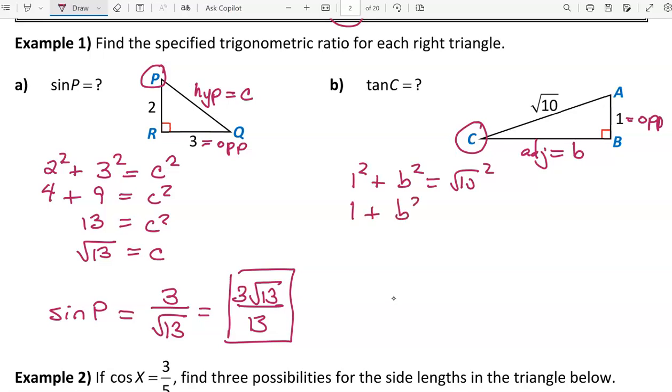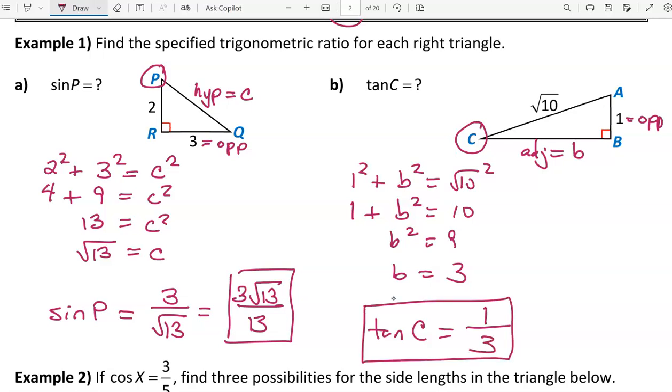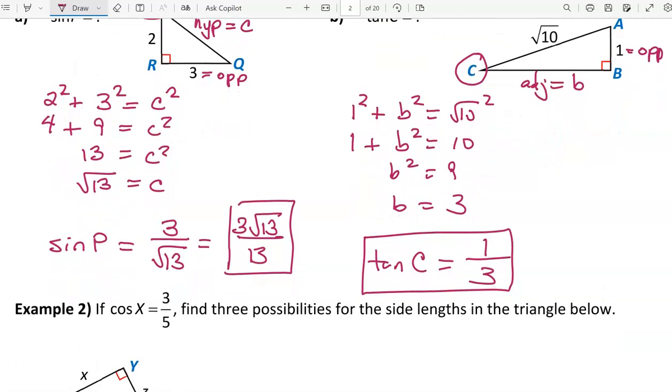So 1 plus b squared is equal to 10. That means that b squared is equal to 9, and b must be 3. So the tangent of angle C is equal to the opposite side over the adjacent side, which is 3. Whoops, let me fix that. No rationalizing to do on that one since we don't have a radical in our denominator.